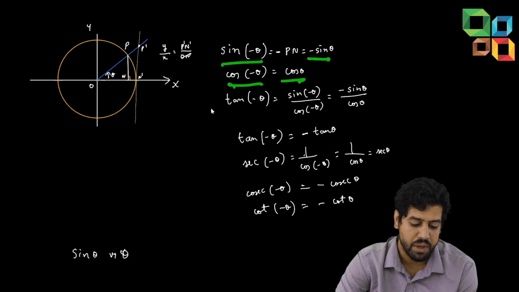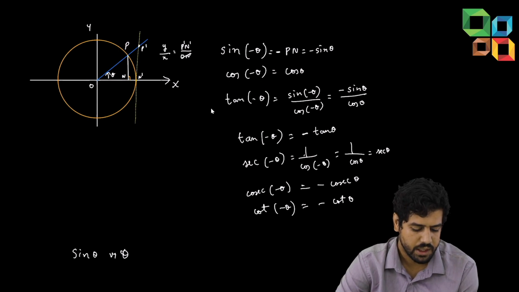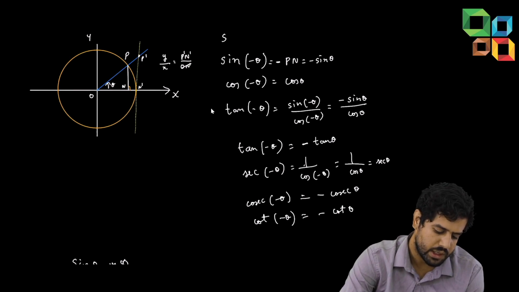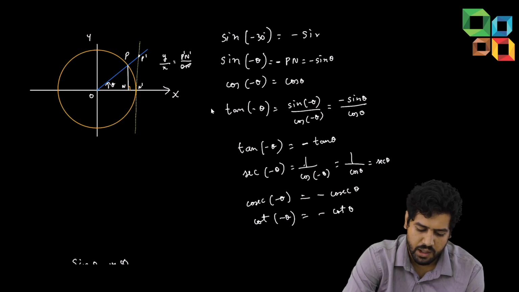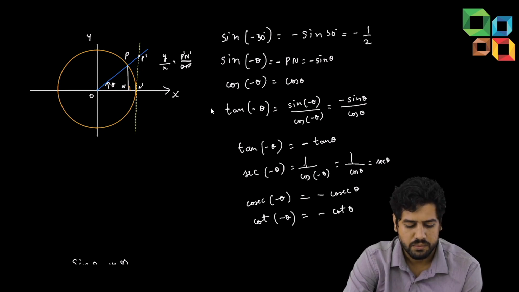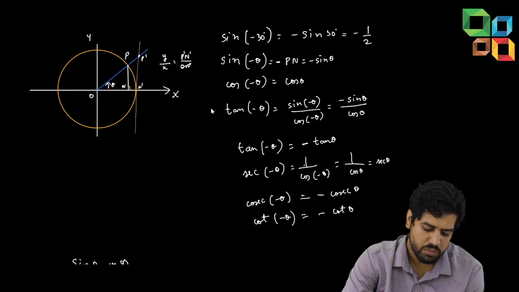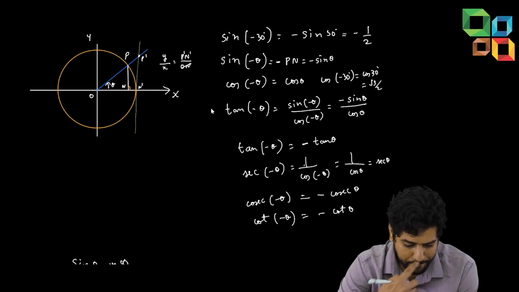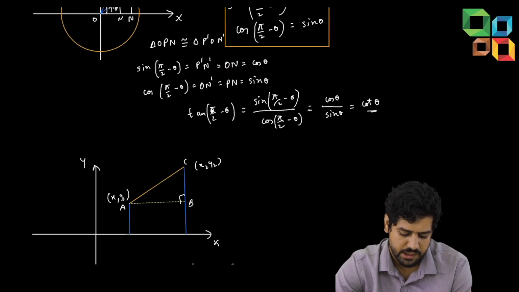Sin of minus theta is minus sin theta. An example: if you take sine of minus 30 degrees, it is minus sine 30 degrees. And sine 30 is half, so we get the value minus half. What about cos of minus 30? Cos of minus 30 is the same as cos 30, which is root 3 by 2. So just wanted to give you that example.